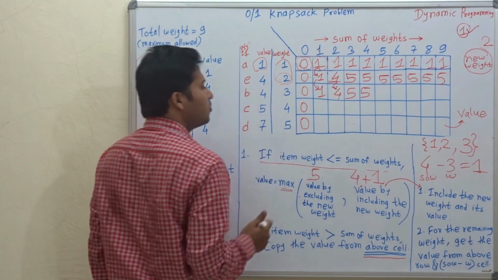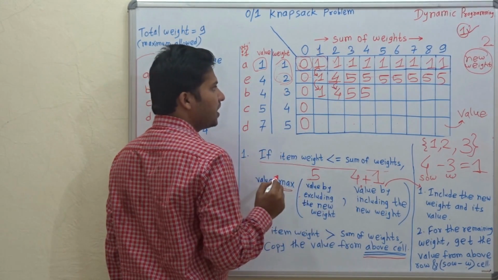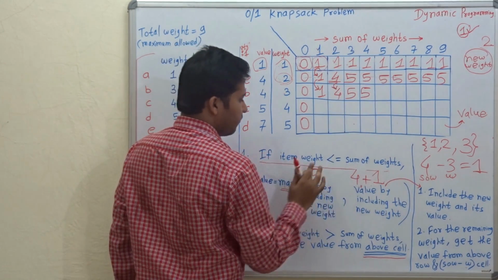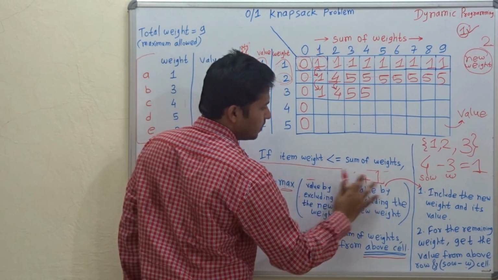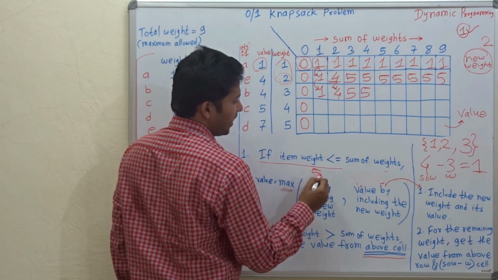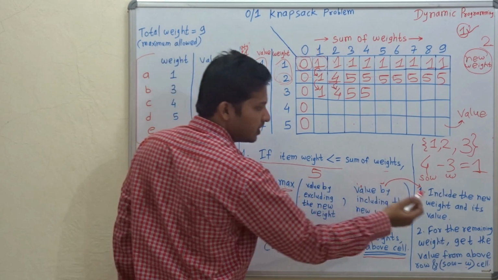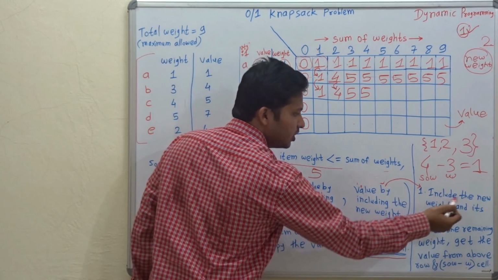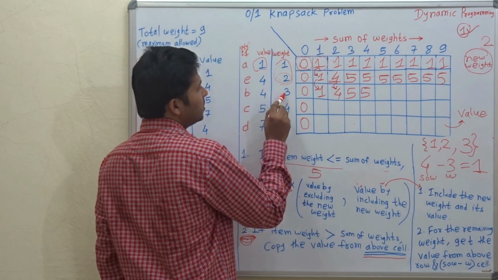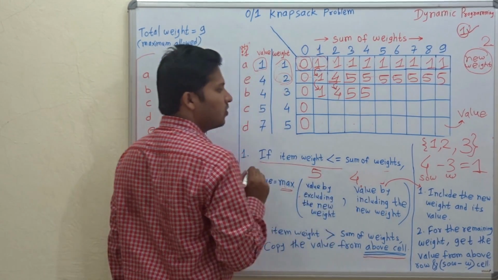Okay. Let's go to the next cell. So for forming 5, let's follow these steps. Value by excluding the new weight, that is 5. Value by including the new weight. So for including, there are 2 steps. First is include the new weight and its value. So we'll include this new weight 3 and its value is 4. Okay.